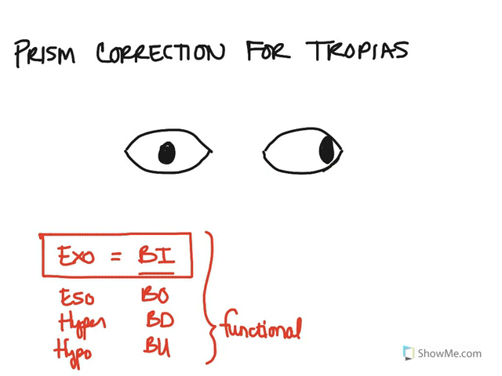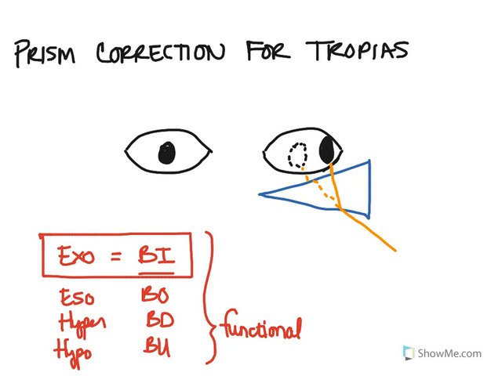If we were to turn the prism in the opposite direction, we could conceivably use this for somewhat of a cosmetic correction for the patient with a tropia. So to an outside observer, the light coming from this eye, the eye being the object in this case, will be bent toward the base, and the eye will appear to be deviated toward the apex.